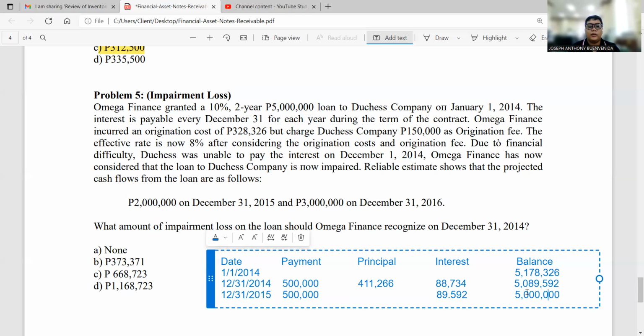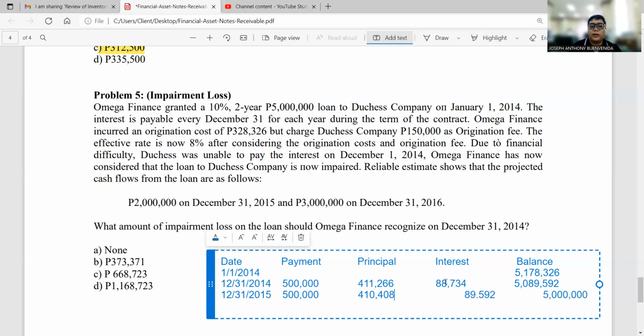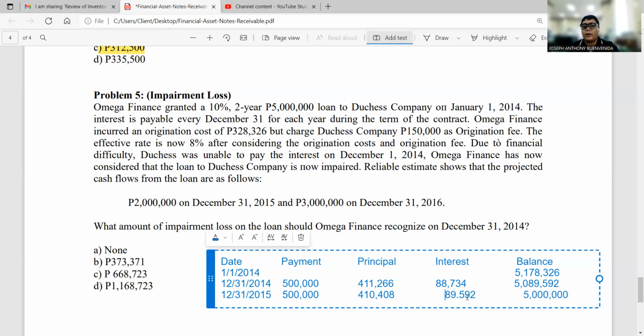So 500,000 less the 89,592. Okay, so ang principal is 410,408. Okay, so now balanta na ang carrying value on December 31, 2014.